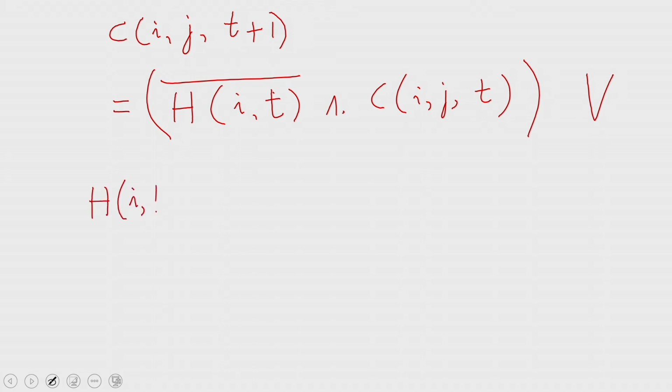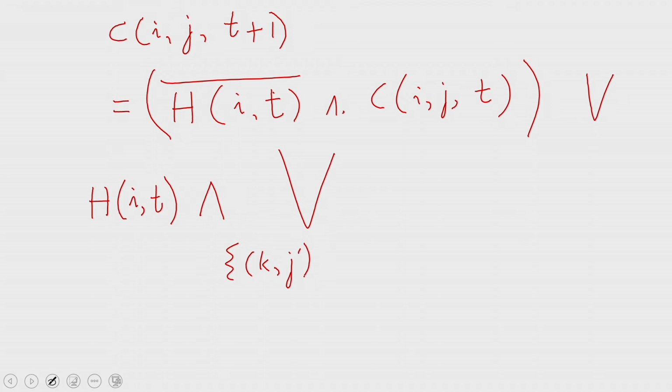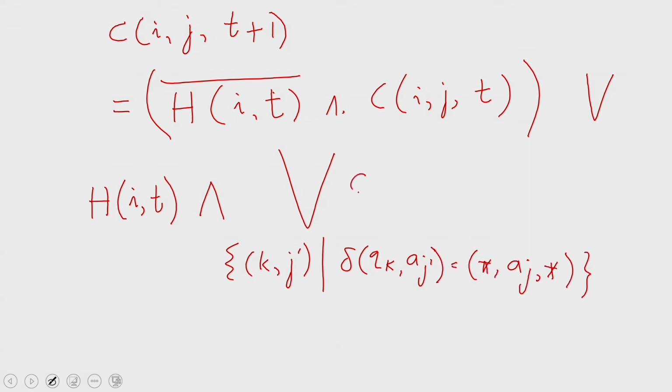That is possible only if the head was on the ith cell in the previous step and we take a disjunction over all ordered pairs k j prime of Cij' t and Sk t.